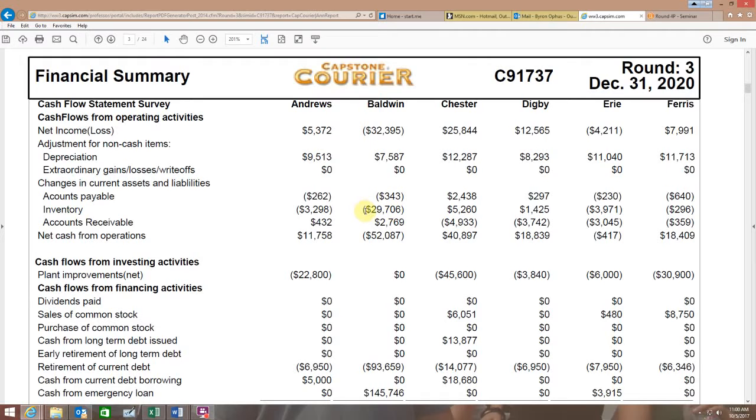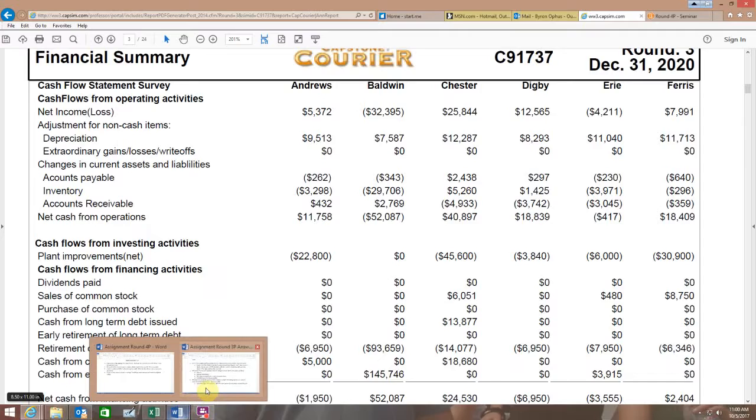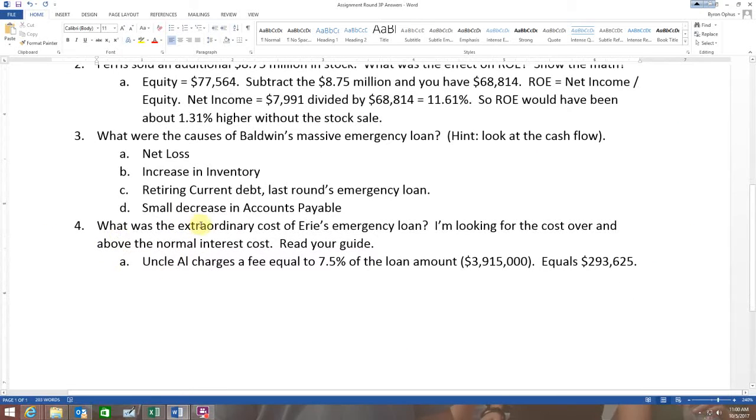Inventory, so it means that their inventory increased by that much, by nearly $30 million. And then, of course, the big one was paying off their emergency loan from the year before. So you just add 1, 2, 3, 4 things. This is just a total, and then you come up with that emergency loan of $145 million. That simple.